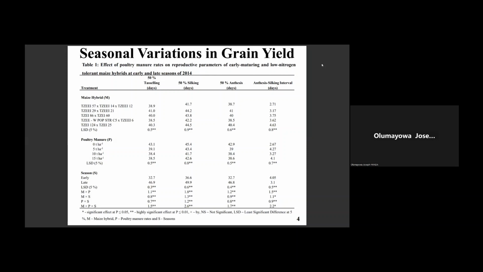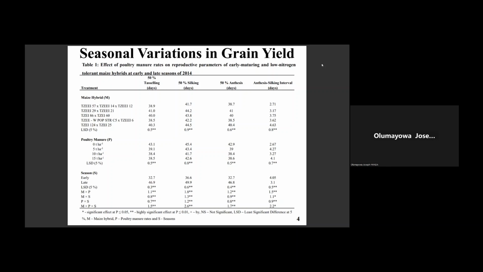This table shows that there was a highly significant effect of the treatment on the physiological reproductive parameters of these maize hybrids. The variety with the earliest attainment of physiological maturity is TZEI 24 by 25, extra early maturing.